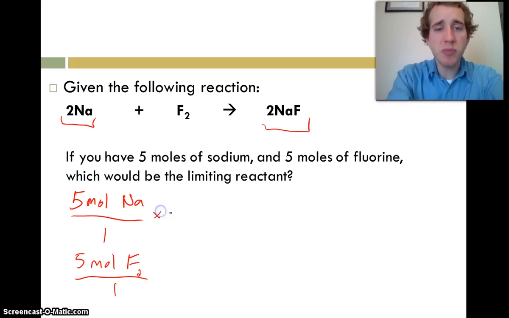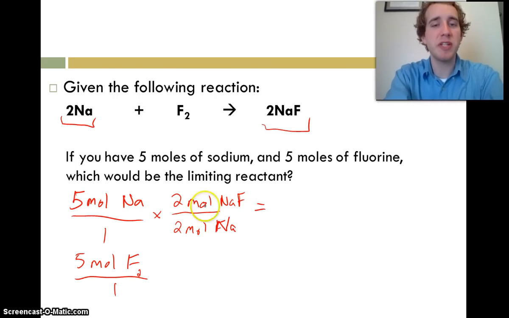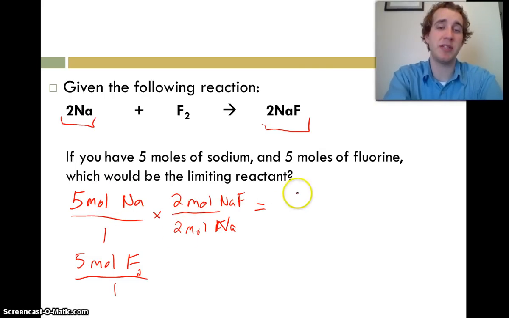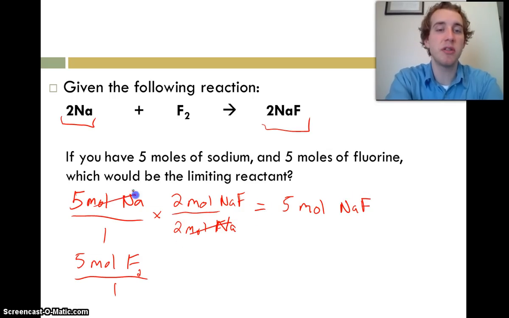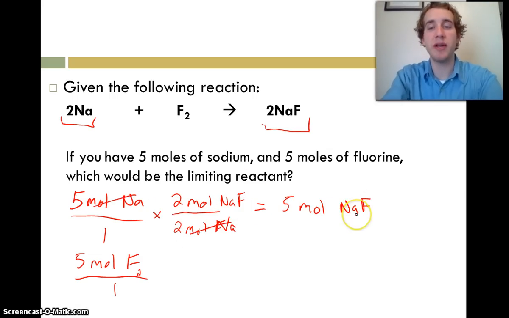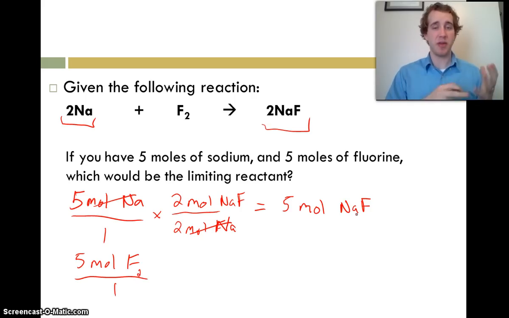Okay, let's change moles of sodium into moles of sodium fluoride. Well, when we do this, we see it's a 2 to 2 ratio. For every 5 moles of sodium, we get 5 times 2 is 10, divided by 2 is 5. We'd get 5 moles of sodium fluoride. Moles cancel. We're into moles of sodium fluoride. Cool. So if, and we don't know if it's true or not, but if we started with our sodium and it's the boss, it could make 5 moles of sodium fluoride.